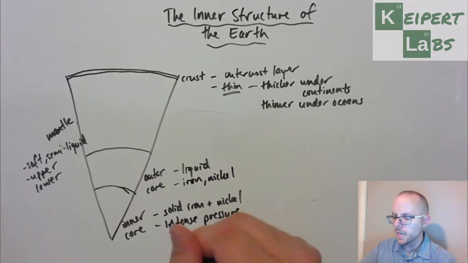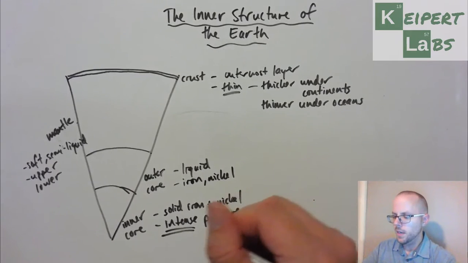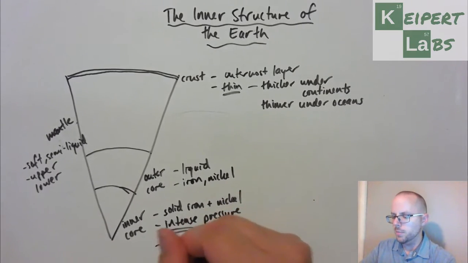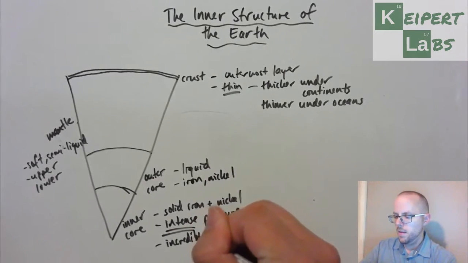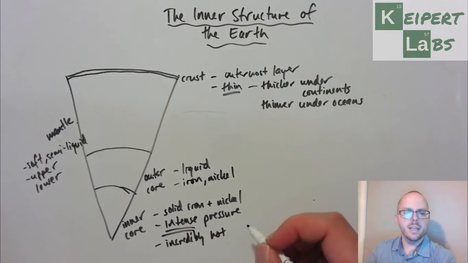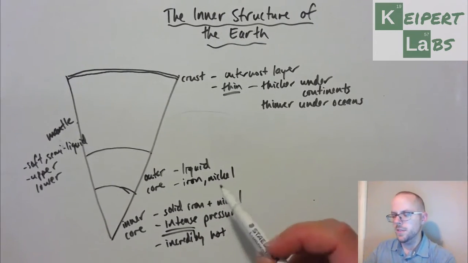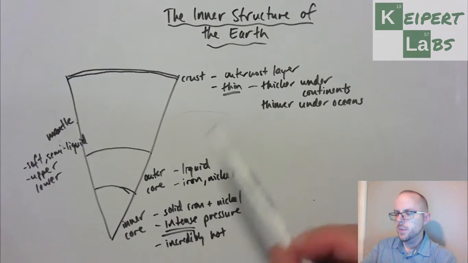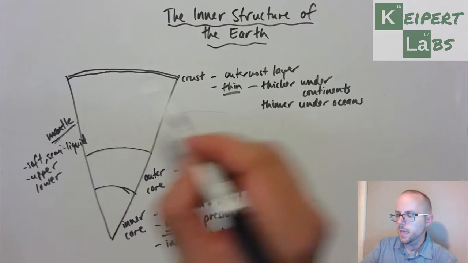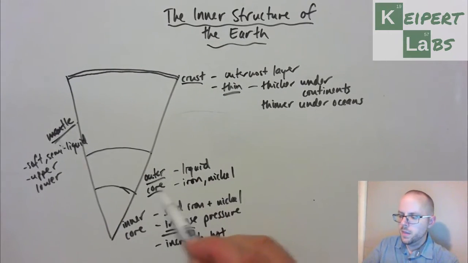So we've got intense pressure. And even though it's incredibly hot, which would normally make things like this liquid, because of that intense pressure, it maintains that solid structure. So we can see that we've got these four main layers so far.